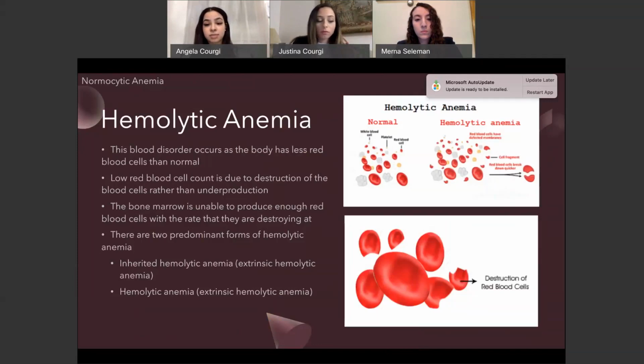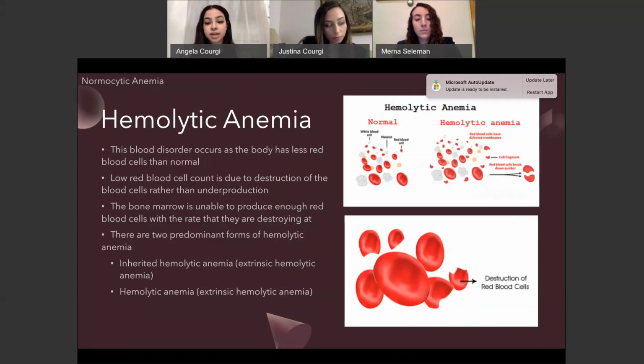In this case, the red blood cells are actually healthy when they are produced in the bone marrow. Instead, it's later on that they are destroyed in the bloodstream. Another possibility is if they get trapped and are recycled far too early.